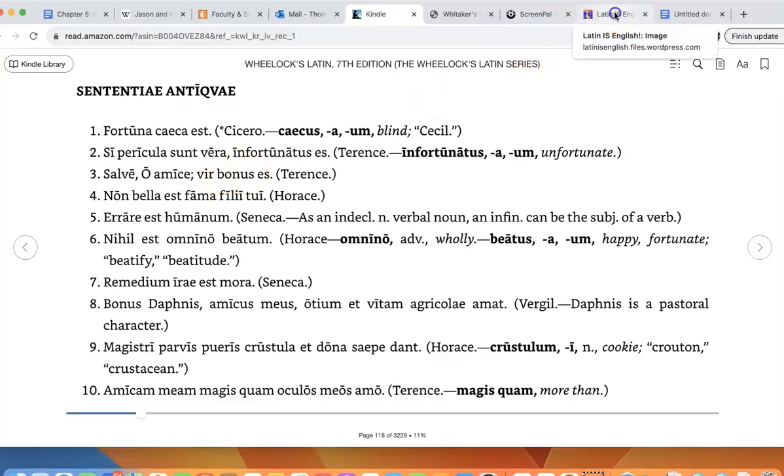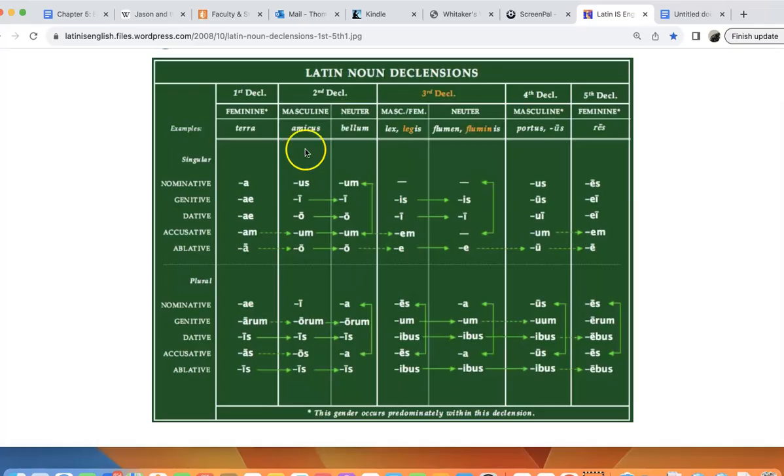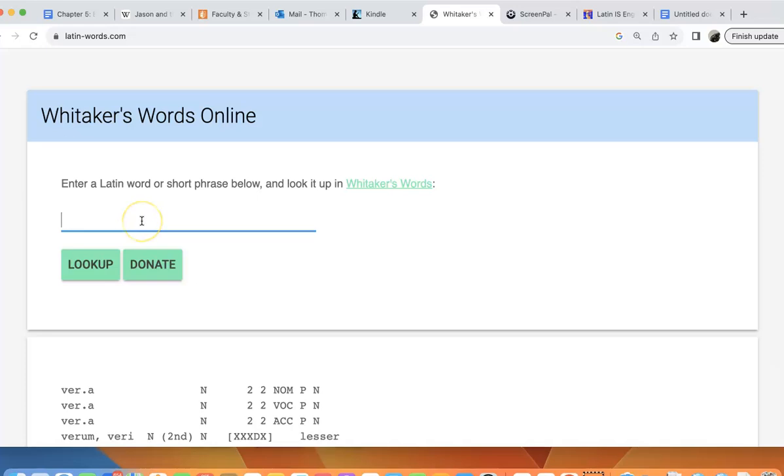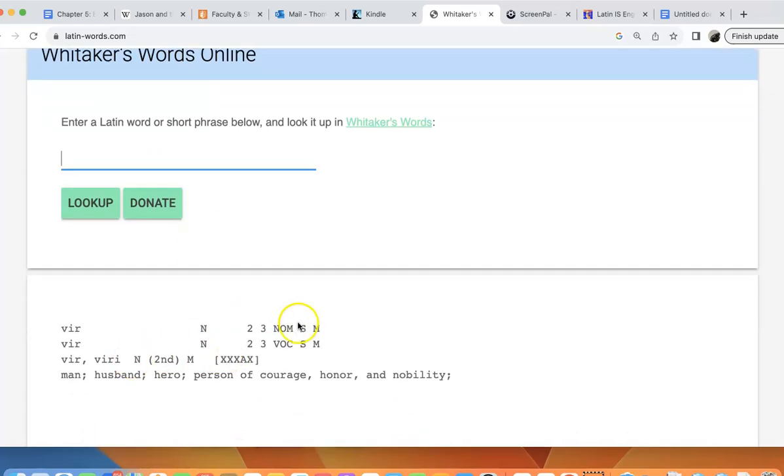Now the "bonus" is because it is masculine. What's challenging about this one is the word "vir," which if I look it up here, you can see that it is second declension, but it doesn't end in "us."